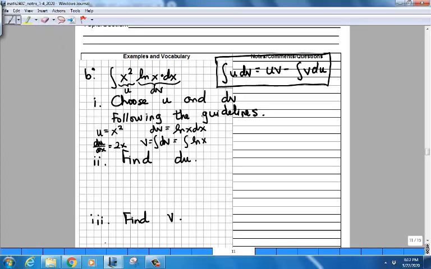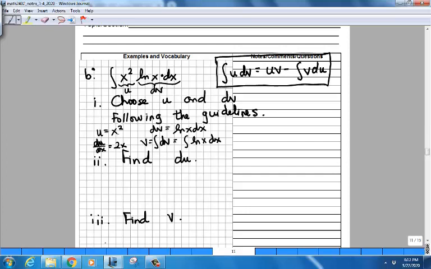And although natural log of x is a simple function, I do not think we have learned yet how to integrate natural log of x. We do not know how to integrate that. We know how to differentiate natural log of x, but we do not know how to integrate natural log of x. So this is not the right choice for u and dv.